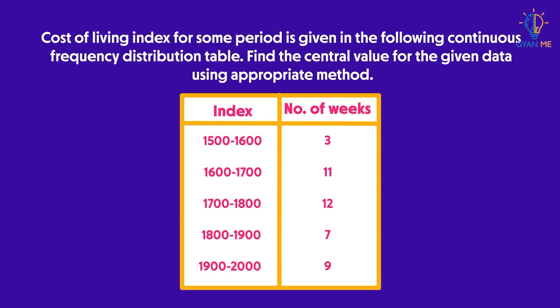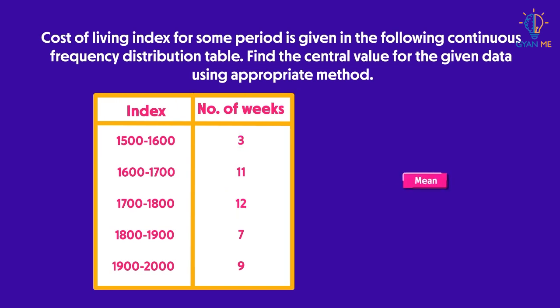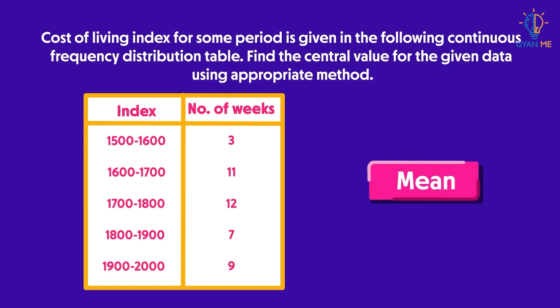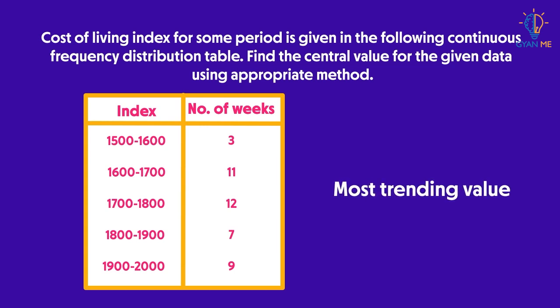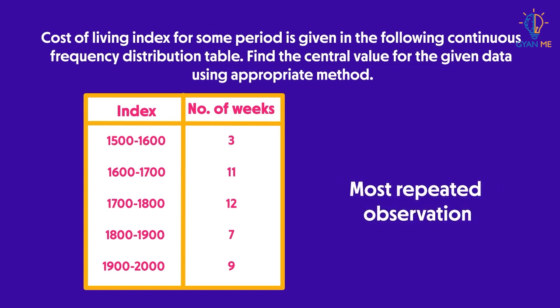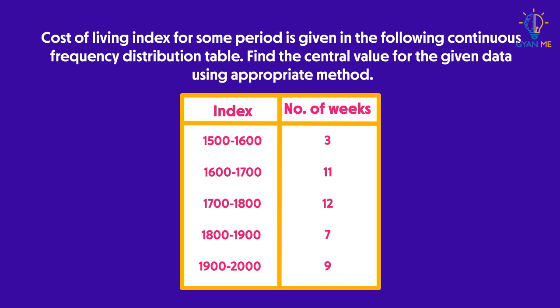They are in the range from maximum to minimum. So in order to find central value for this data, mean would be a preferable choice. Also students, we are not asked to find out most trending value or most repeated observations. So we cannot use mode as a representation for this data.